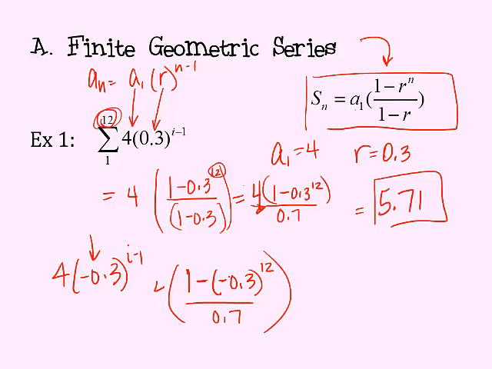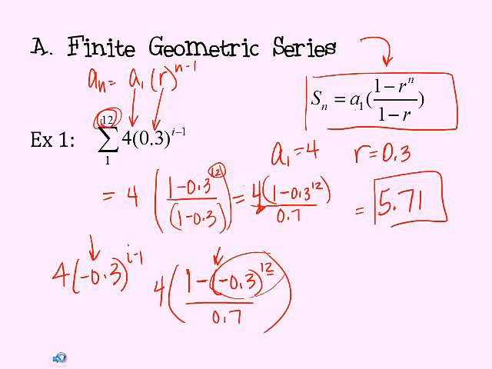You might be tempted to think, oh, minus times minus makes a plus. Don't do that, because it's negative 0.3 to the 12th power, and then 1 minus all of that. So let the calculator figure out this value and then subtract it from 1, then divide by 0.7, then multiply by 4. Just be real careful with the double negative possibility there.